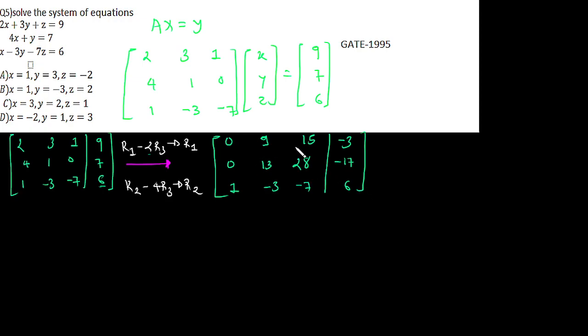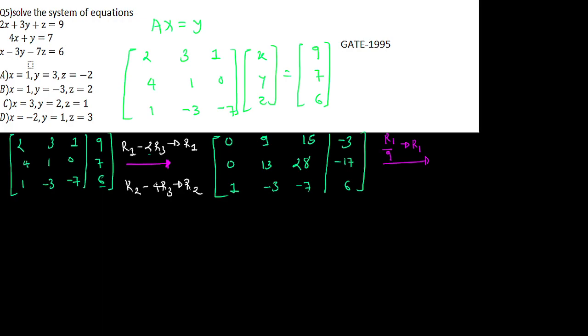Now again we have to do some operation to reduce these two rows. So if we divide R1 by 9, that will be the new R1, because we want this entry to be 1 to reduce this element 13.